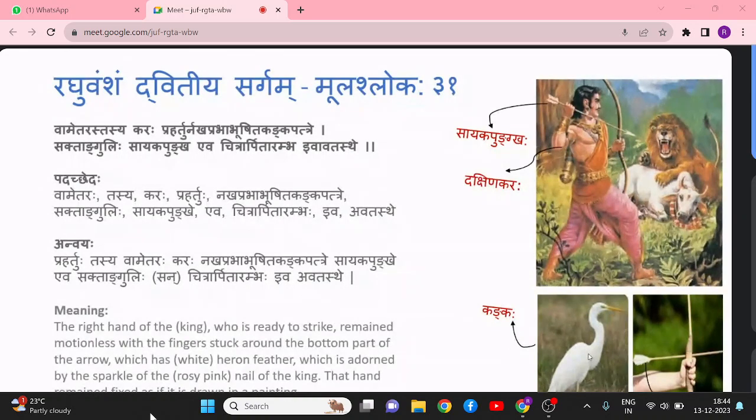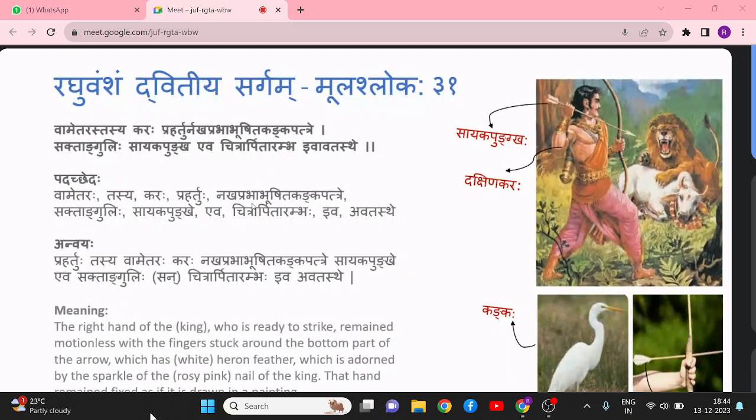It seems those feathers are usually kept at the bottom part of the arrow. So this is that Kanka bird, and the Kanka patra is usually kept at the bottom of the arrow.